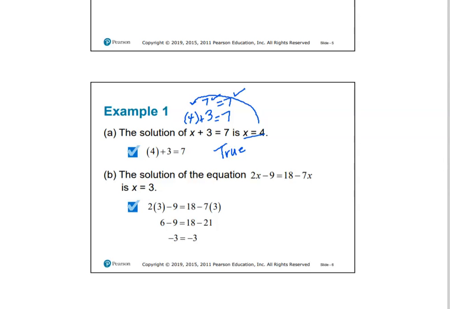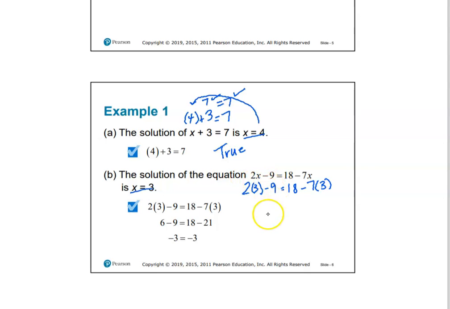So in this one, I'm going to put blanks where there are x's. They're telling me to let x equal 3 in those blanks. So I'm going to put a 3 in both of these blanks. Then I'm going to go to my calculator and type in 2 times 3 minus 9.